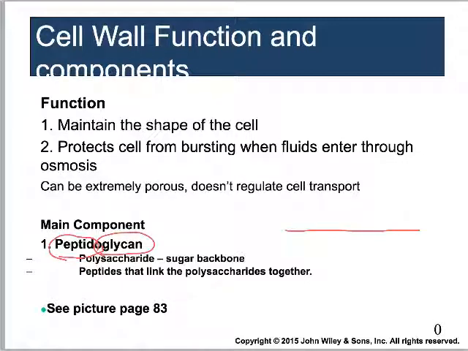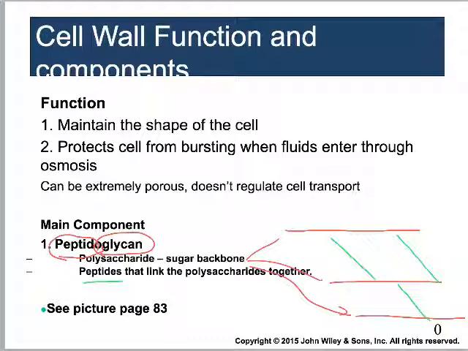It's got this sugar backbone, and these polysaccharides are connected together by amino acids, by peptides, so it makes a kind of chain or wall. They know exactly what sugars and amino acids are here, but you don't have to memorize those. I just want you to know that's what it's made of, and it's kind of like a bridge. There's a picture in your book on page 83.